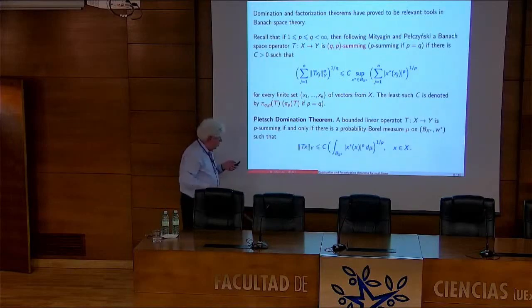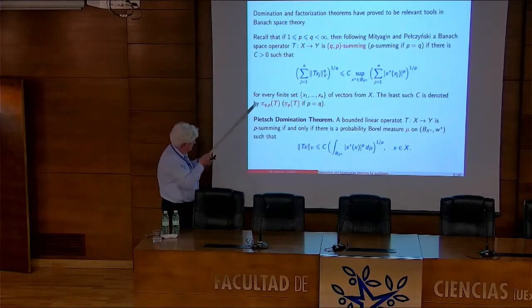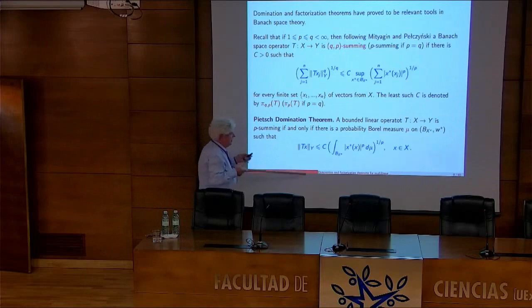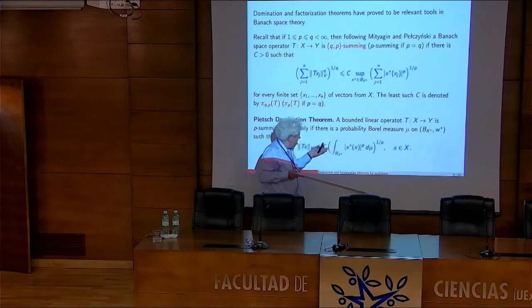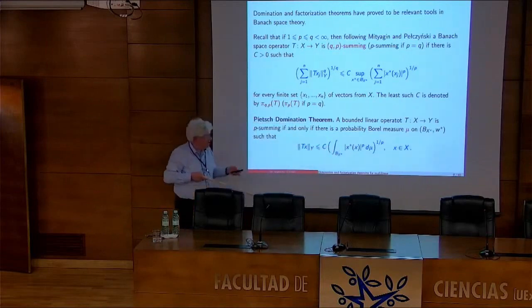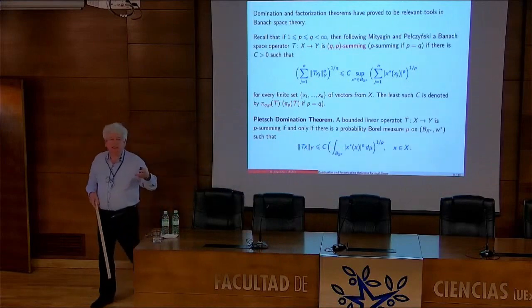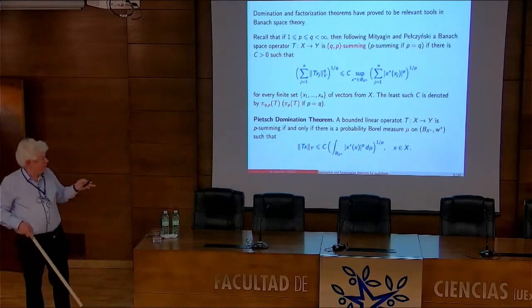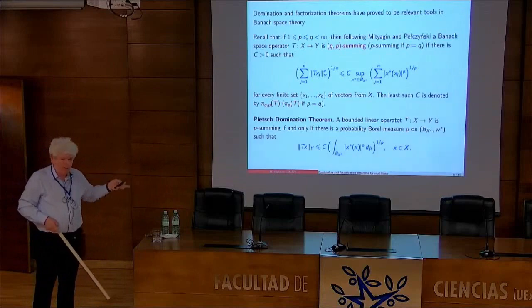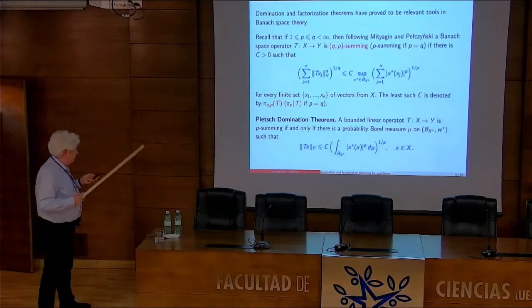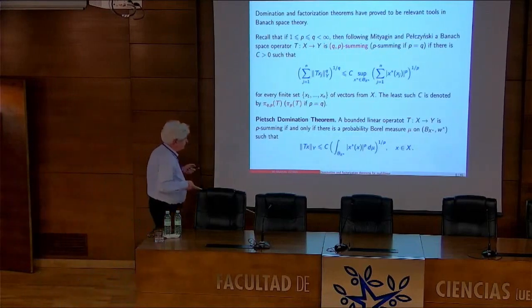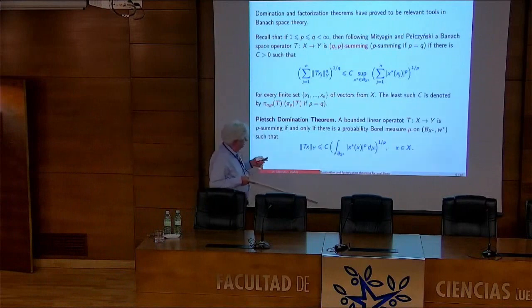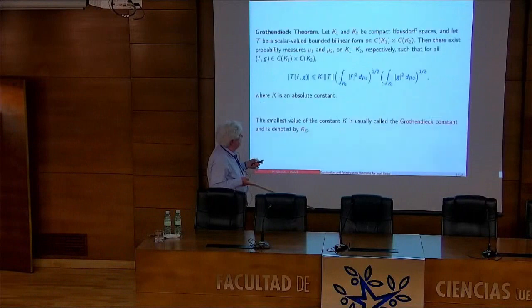If you take all possible C, this exactly gives the best constant here, but this is not essential. The point is that whenever we have this kind of estimation and some information about the spaces of our operator, then we can play a game with this beautiful inequality and get non-trivial information.